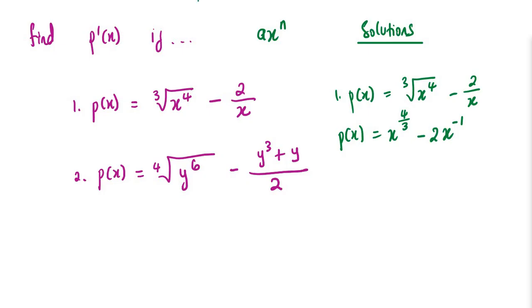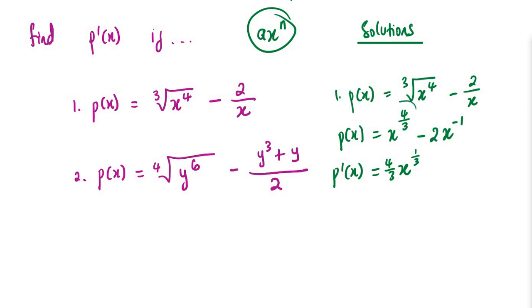Now that it is in this form whereby we can see the coefficient and the exponent, we can apply the rules. That's when I write p prime. So 1 times 4 over 3 is 4 over 3, and then I have x. Now what is 4 over 3 minus 1? I believe that should give you 1 over 3 if you go to your calculator. Perfect.